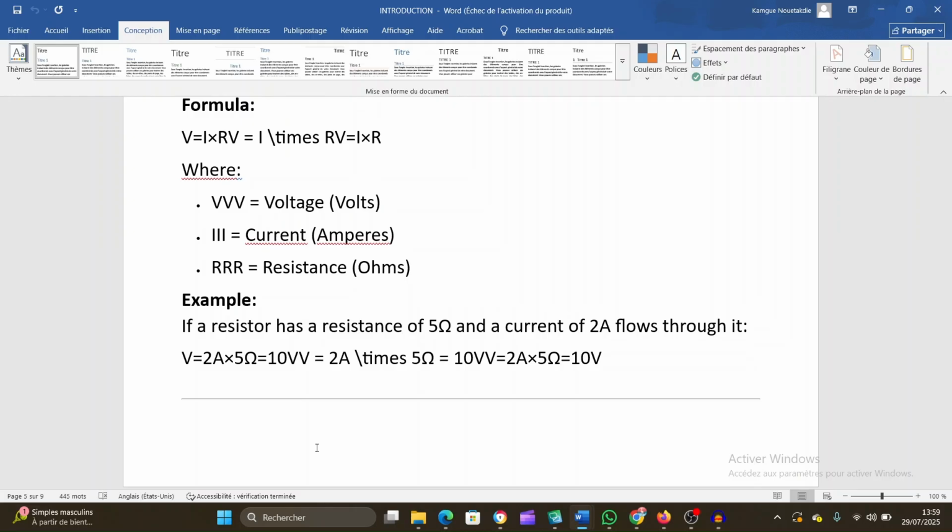A very simple example they can give you is: if a resistor has a resistance of 5 ohms, for example, and a current of 2 amps flows through it, what is the Ohm's law for this? What tension or what voltage might you have on this?